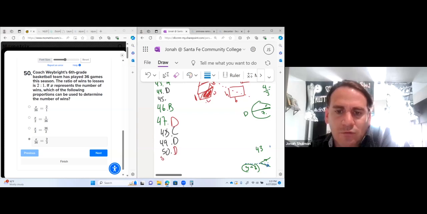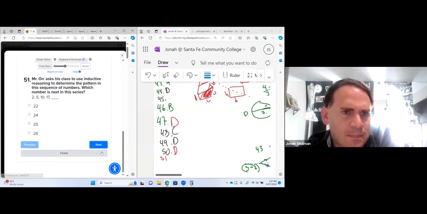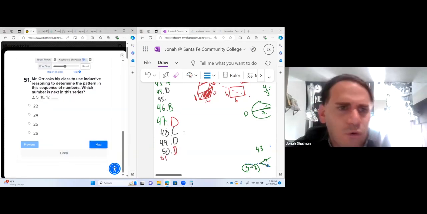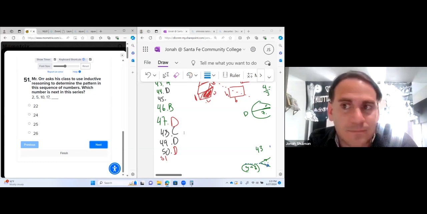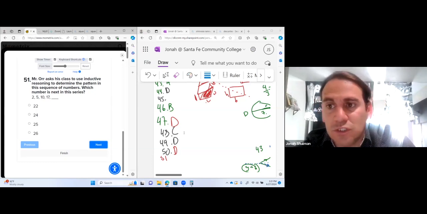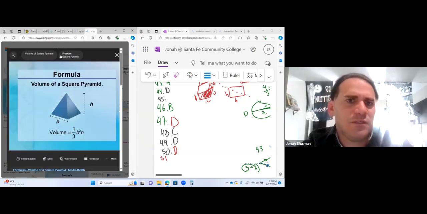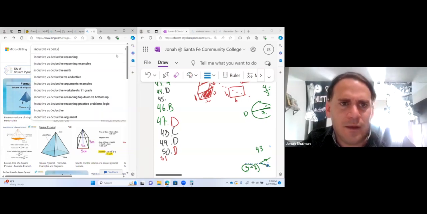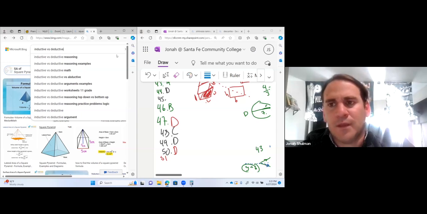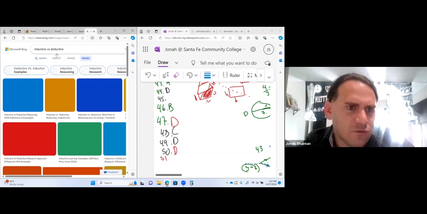Let's go to 51. Okay, so Mr. Orr asked his class to use inductive reasoning. Inductive means we use little rules to get it, and that's the difference between inductive and deductive reasoning. Deductive, you can think of like Sherlock Holmes, an investigator looking for clues.